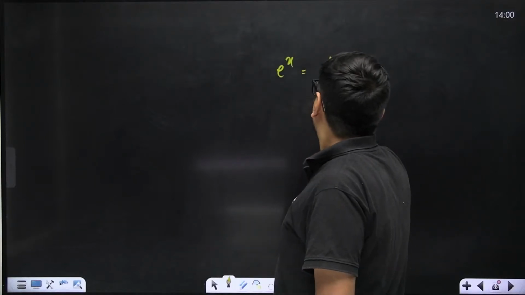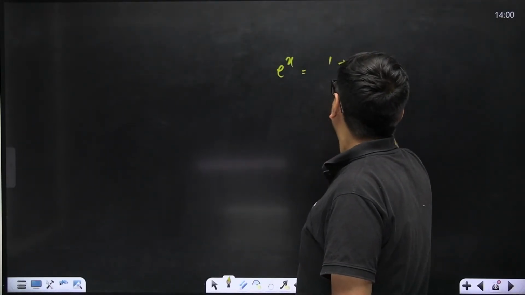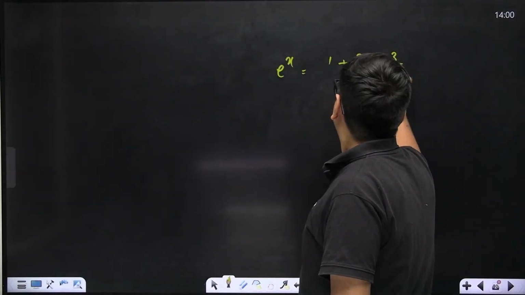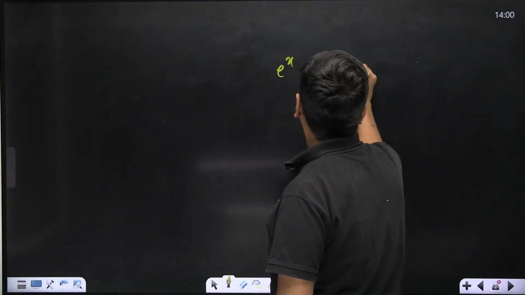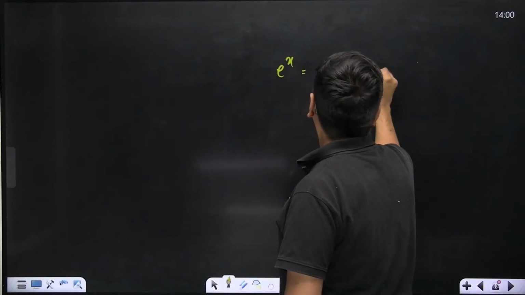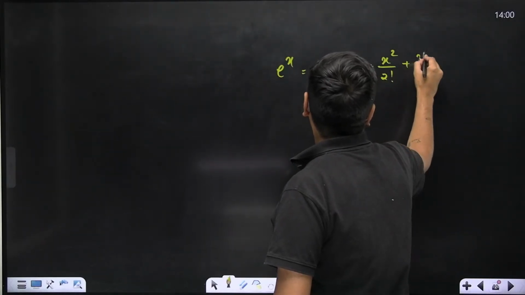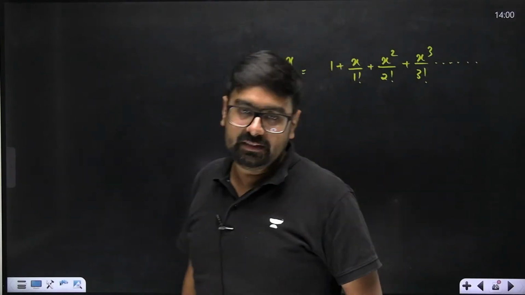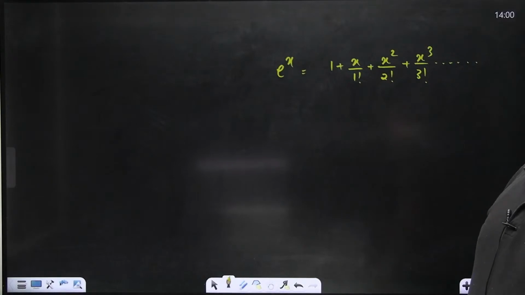This expansion will be 1 plus x by 1 factorial plus x square by 2 factorial plus x cube by 3 factorial, and it will keep going on like this. This expansion is used in these types of questions, and you have to connect it with these types of expansions.